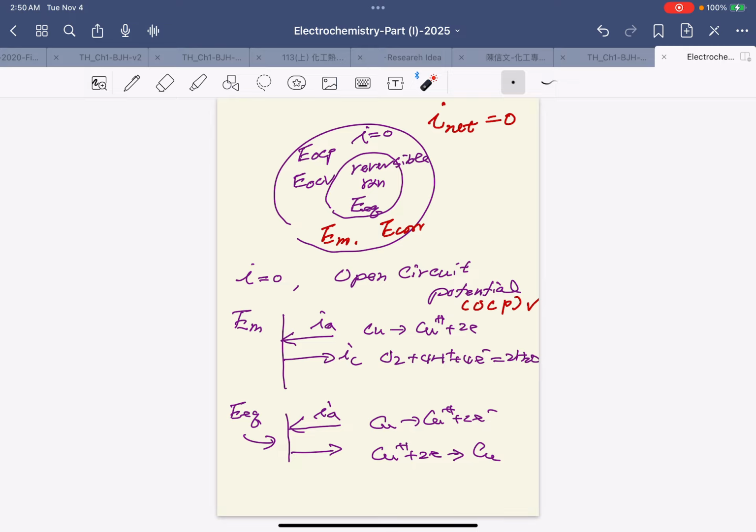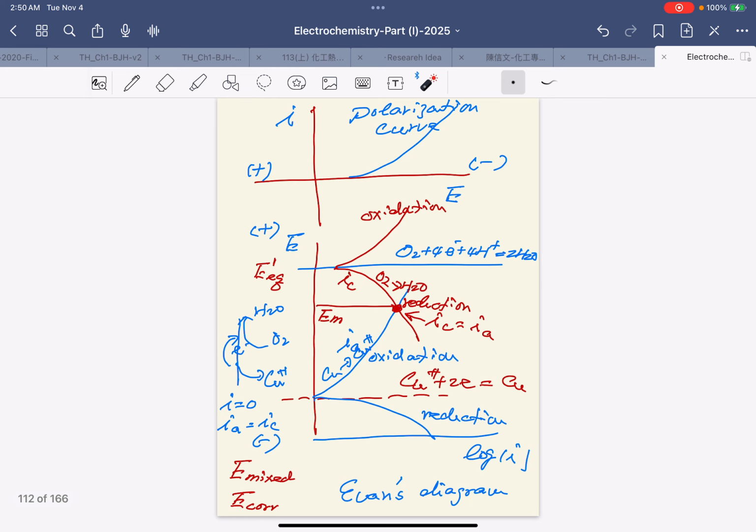So open circuit potential is more general, and the equilibrium potential is more restricted. The criteria need to be stricter to make sure the reaction is at equilibrium, a reversible reaction. Otherwise, you cannot call it equilibrium potential.